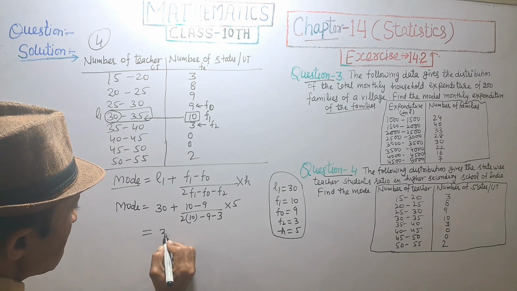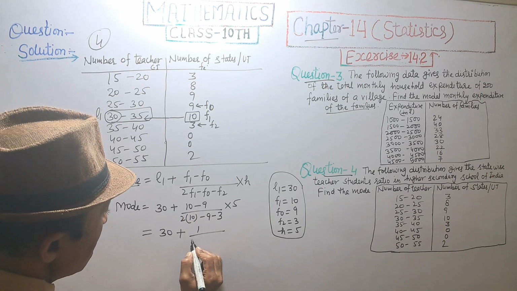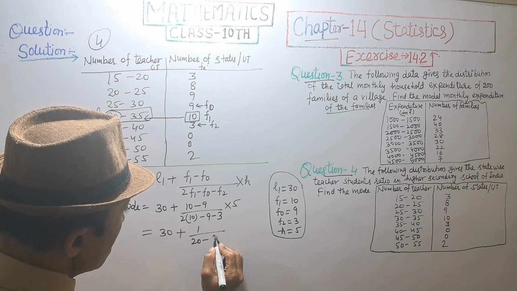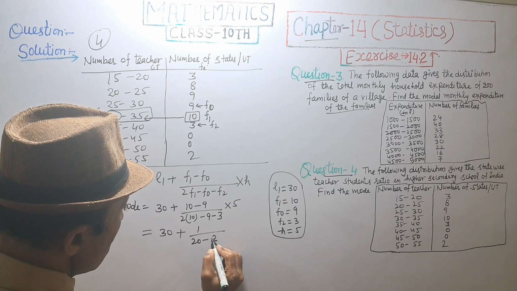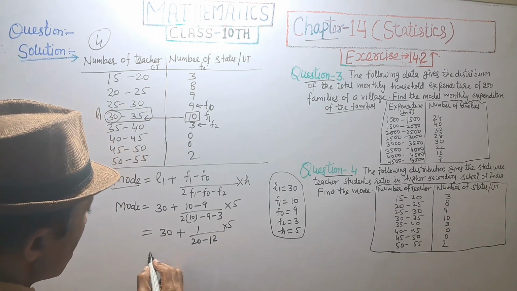So mode is equal to 30 plus 10 minus 9 is 1 divided by 20 minus 9 plus 3 is 12, into 5.